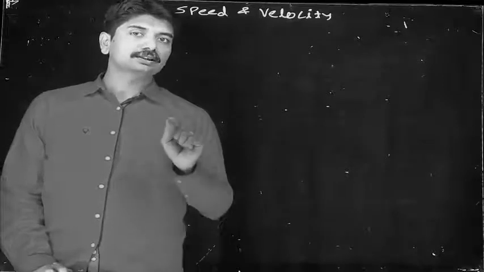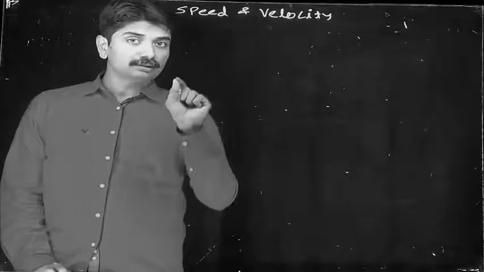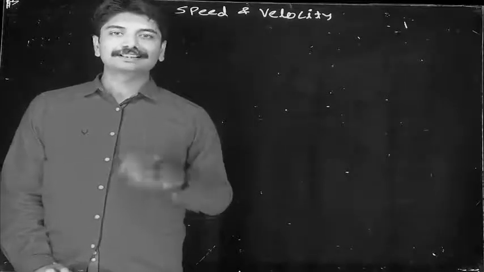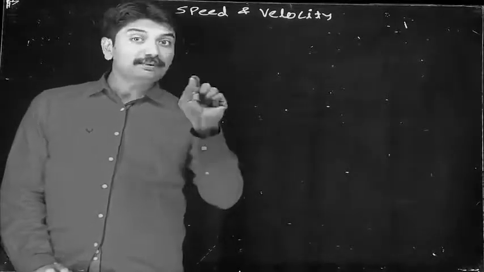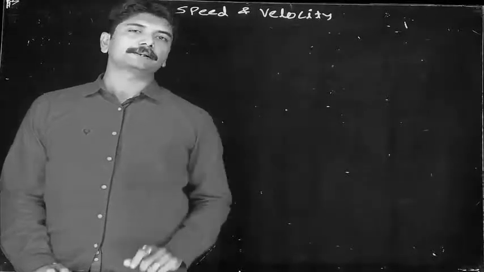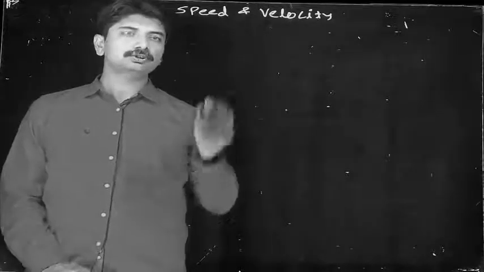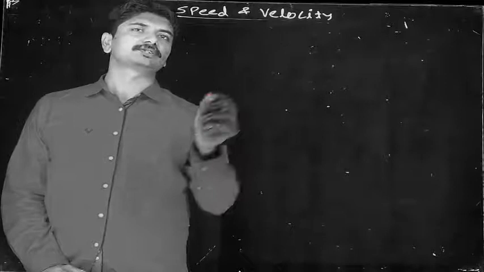How fast is the particular object moving? The rapidity of that object is measured in speed and velocity. So what is meant by speed and what is meant by velocity?